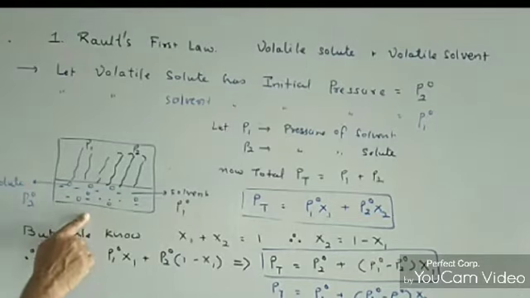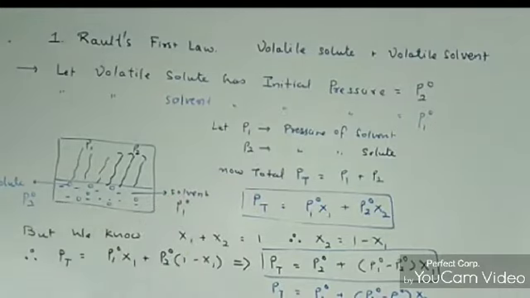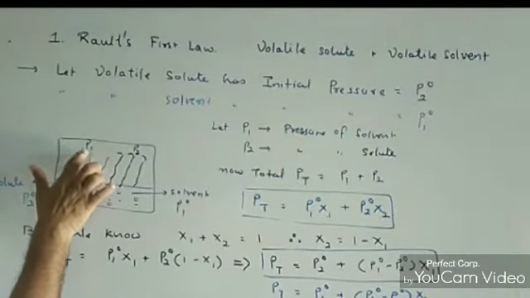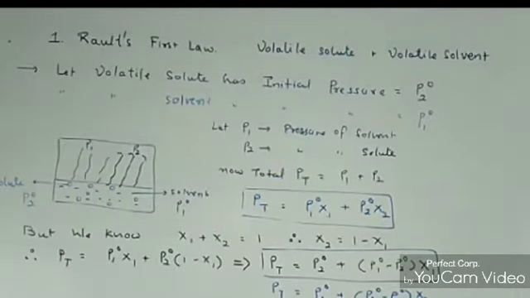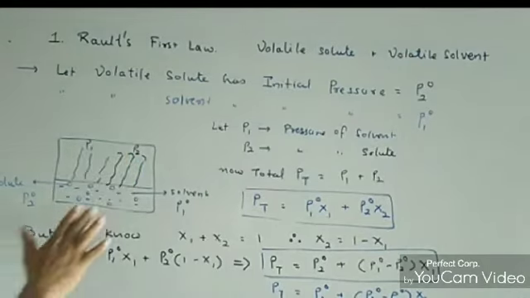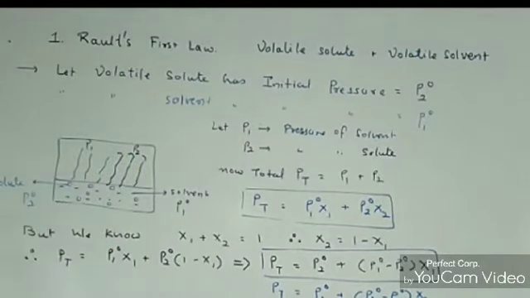In this figure, the dotted part is the solvent. As it is volatile, it will come out and produce a pressure of P1. The blue round part is the solute. The solute is also volatile, so it will also come out and give a pressure of P2.